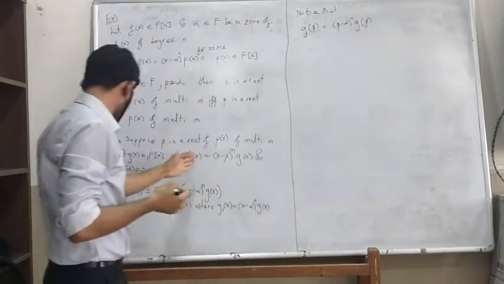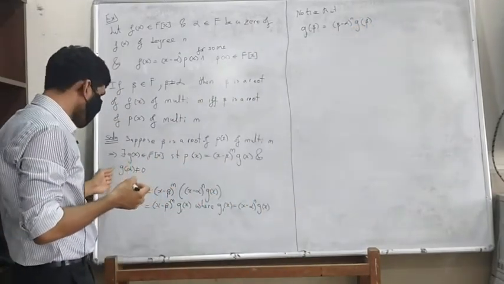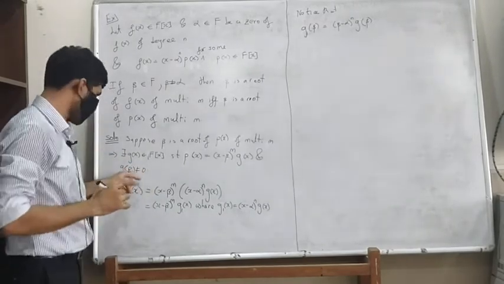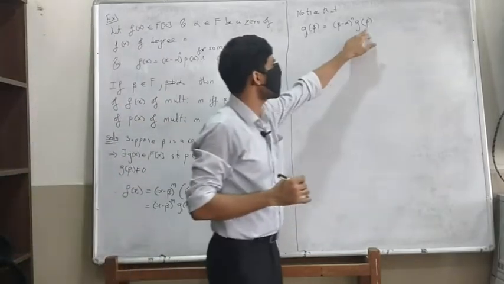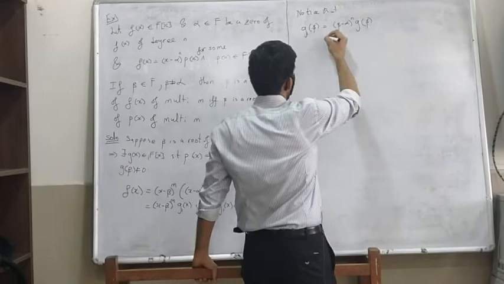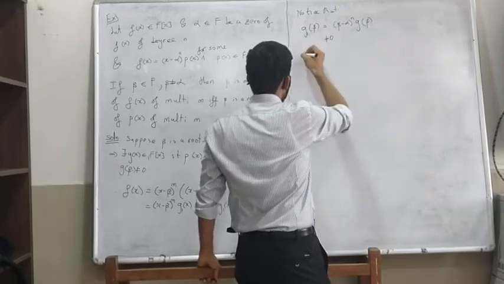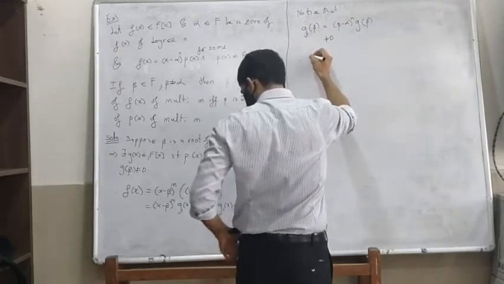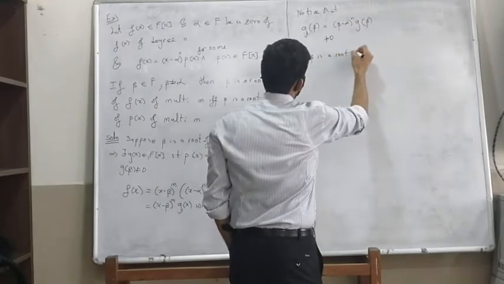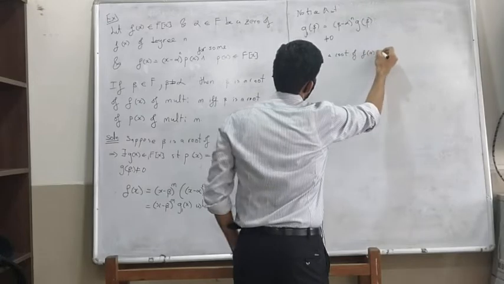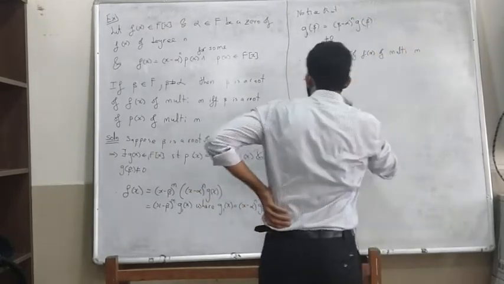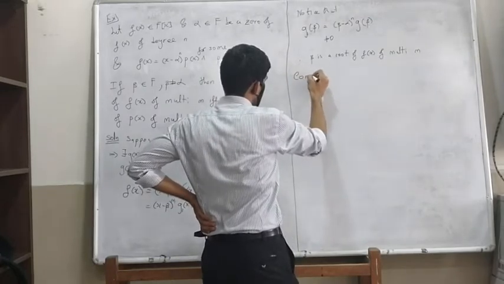And we know that this is not g of alpha, this is g of beta. It was a mistake. Okay, so we know that this is non-zero and this is non-zero. Fields cannot have zero divisors, so this is non-zero. Okay, so therefore, beta is a root of f of x of multiplicity m. Okay, now let's prove the converse.